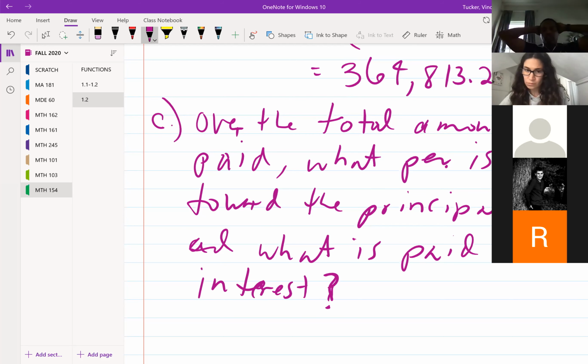Sorry about that. So over the total amount paid, what percent is paid towards the principal and what percent is paid towards the interest?